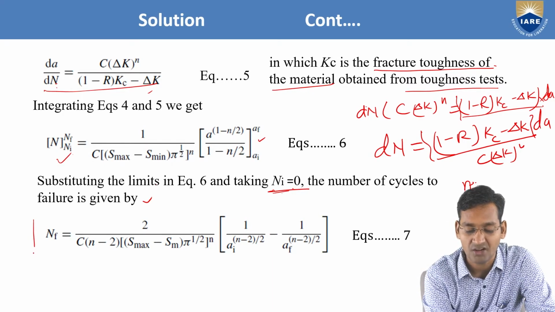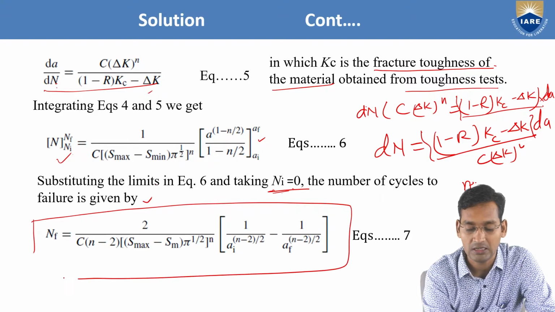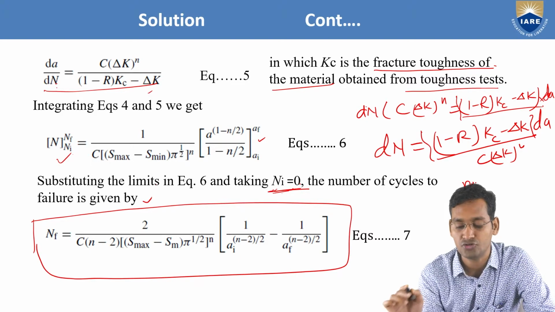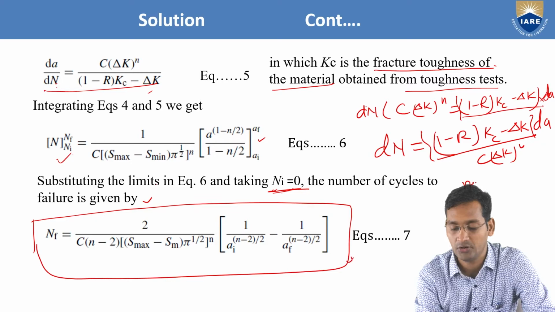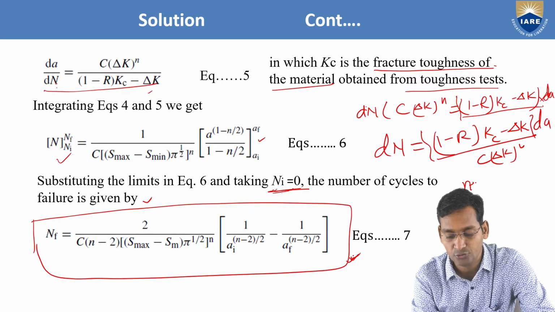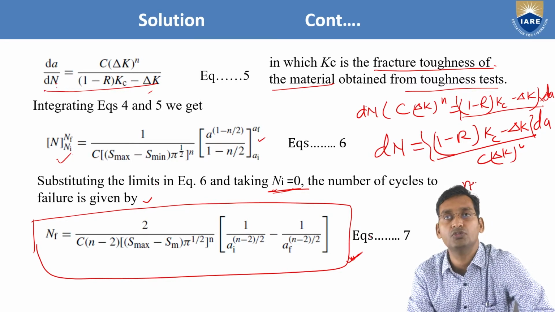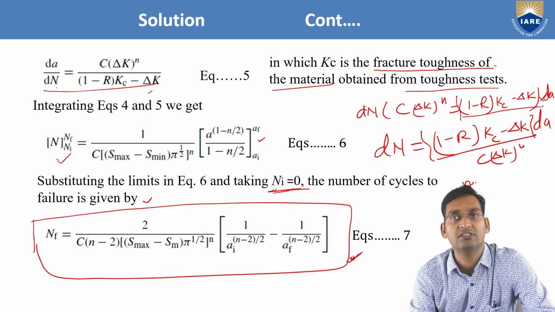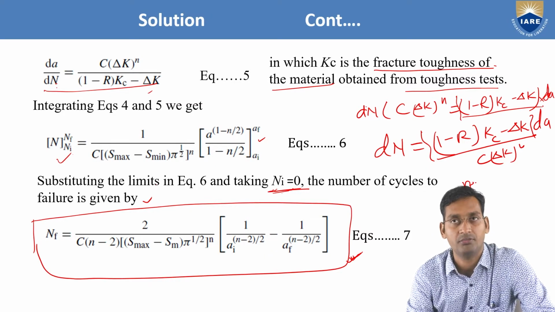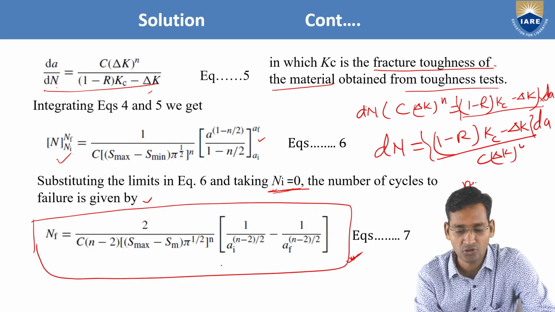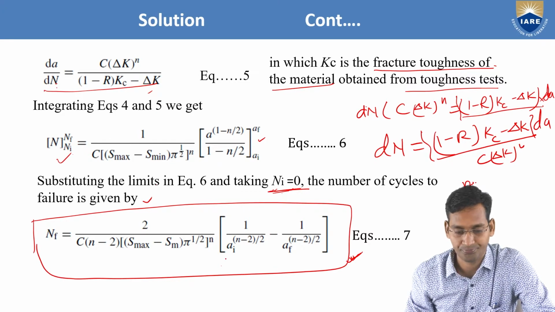So after substituting the limit and Ni equals 0, we will get the formula. And now we will use this in our numerical to find the number of cycles after which the member or structure will fail. So this one is required.